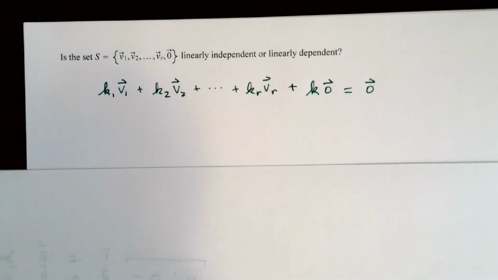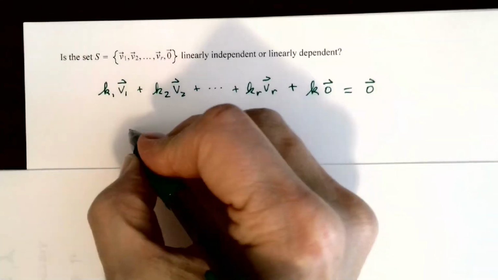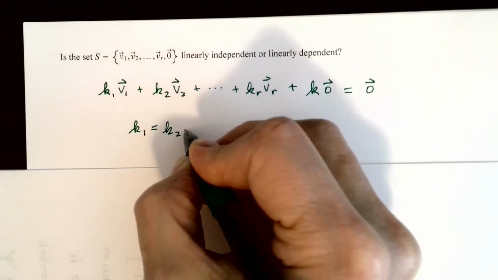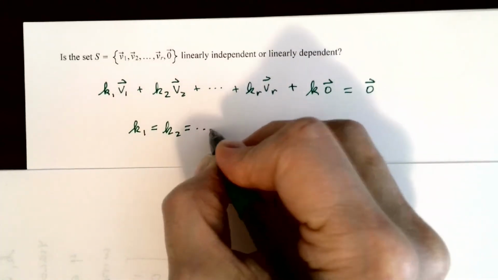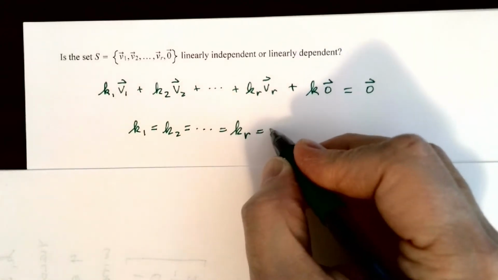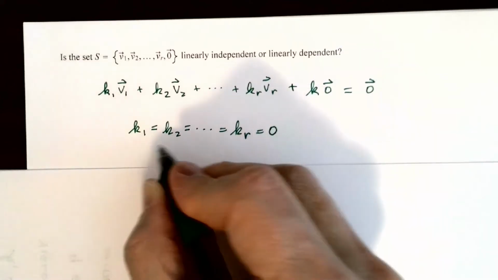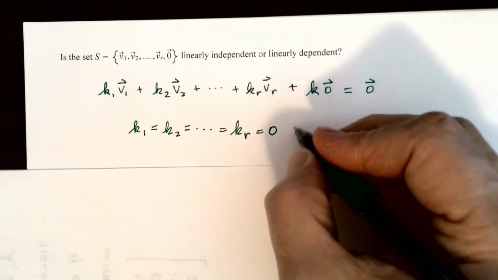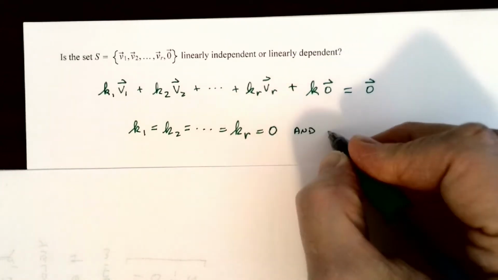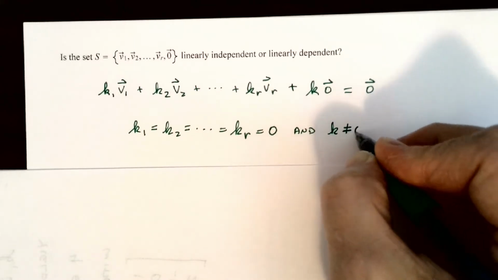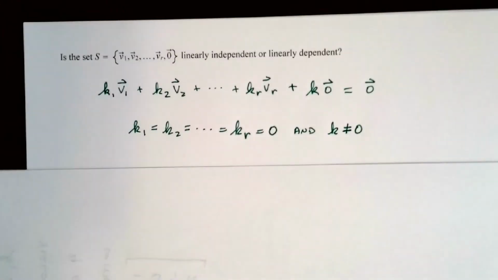All right. Did you come up with it? Well, how about this? I'm going to let K1 be the same as K2, the same as K3, the same as K4, all the way up to KR. I'm going to let all those be 0. But don't forget we've got K. I'm going to let K simply be not 0, like 2 or 10 or negative 11.